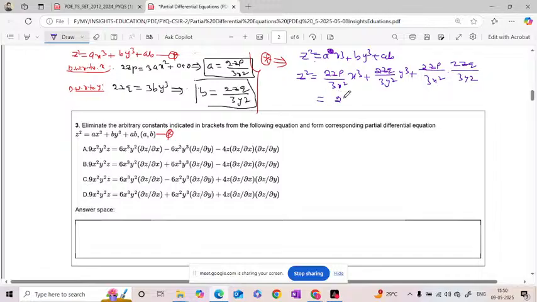Now here we get 2zp by 3 into x plus 2zq by 3 into y, and better to take the LCM. Now LCM is here 3x square y square. So multiply by 3x square y square.